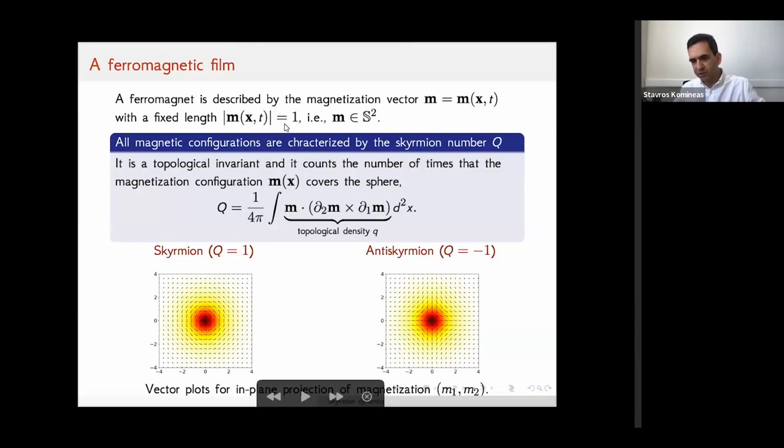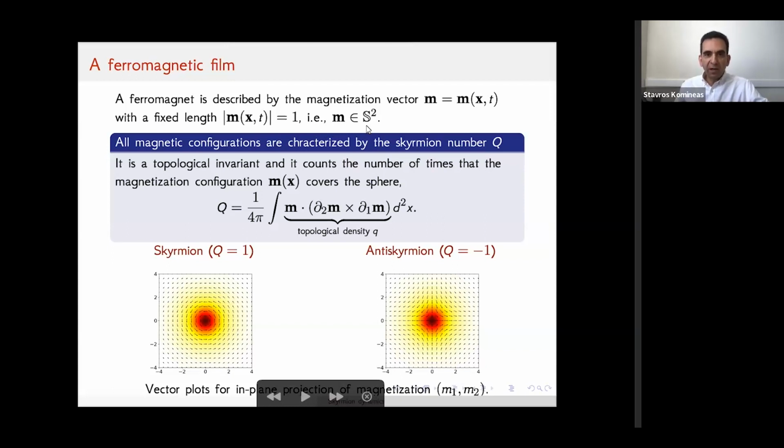We set it to 1 for simplicity. That's because a magnetic moment in an atom cannot change in magnitude, only in direction in space. So it is only free to point in different directions. More formally, you'd say this function M takes values on the unit sphere.